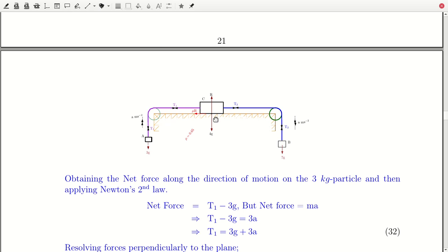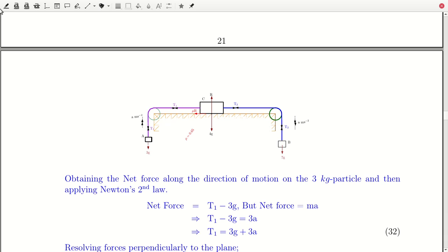The particle is acting on this table with a weight of 4g, so the table will react on the particle back with the reaction R. If we say upward force is equal to downward force, our R will be equal to 4g.